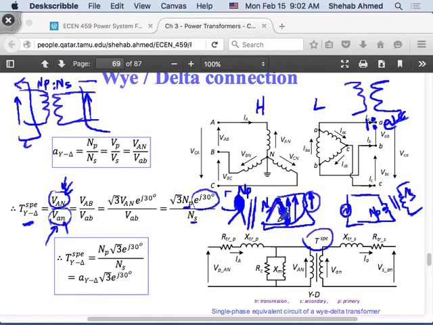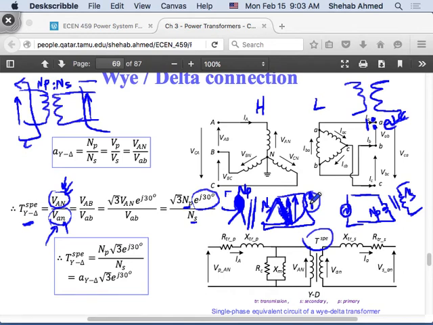But I want to draw my single phase equivalent circuit. I want to remove this delta. For me to remove this delta, I want to see what this delta voltage corresponds to in a single phase equivalent circuit. So I take a fictitious star, I connect it across that delta, and I see what this voltage produces on that single phase equivalent imaginary star.